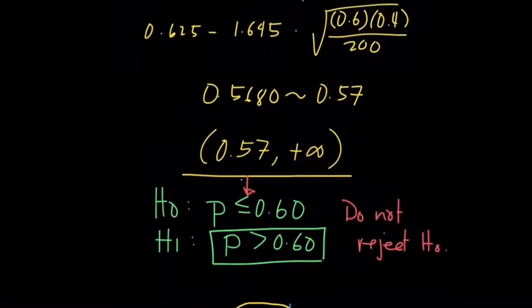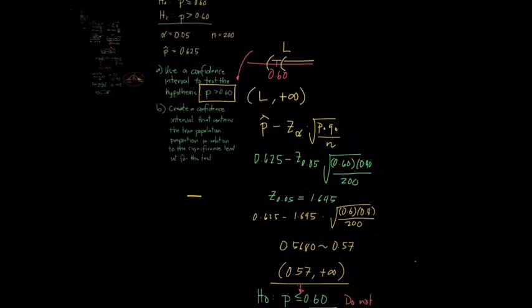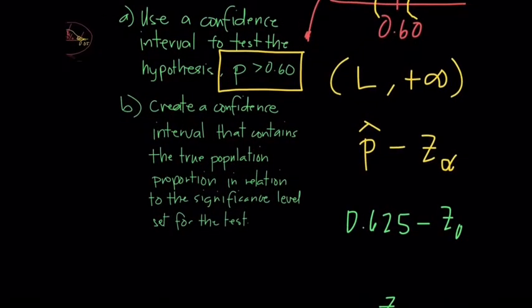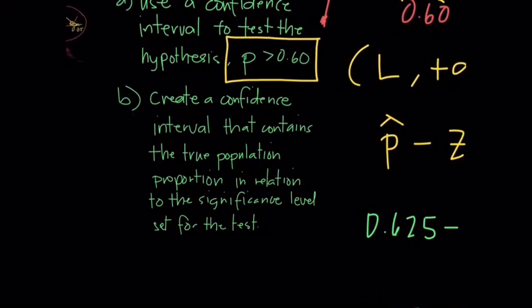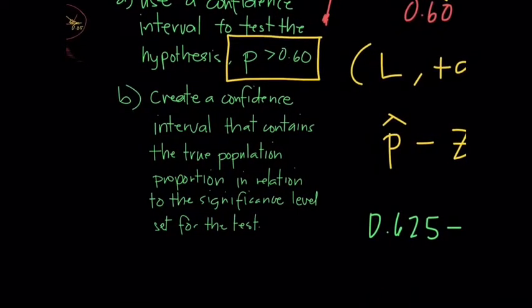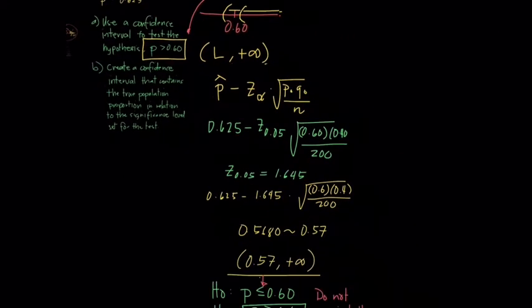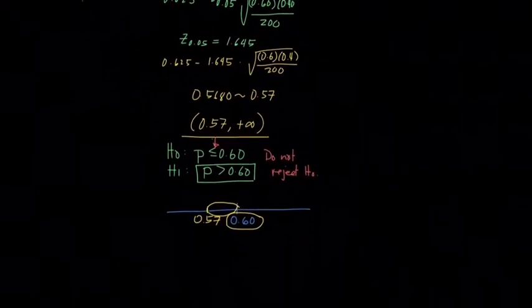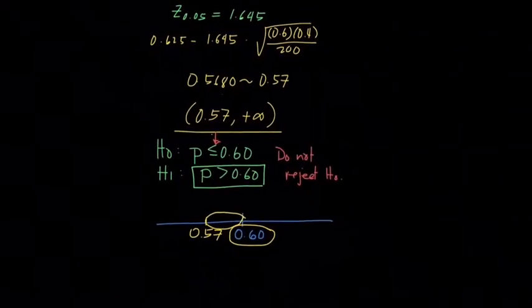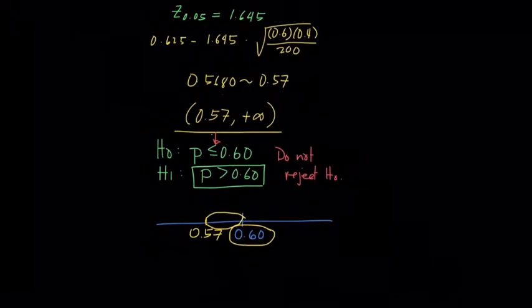So now for our second task, we are to create a confidence interval that contains the true population proportion in relation to the significance level set for the test, which is alpha equal to 5% or 0.05. As we know, the proportion could go as low as a number very close to 0.57, and these values are less than 0.60.